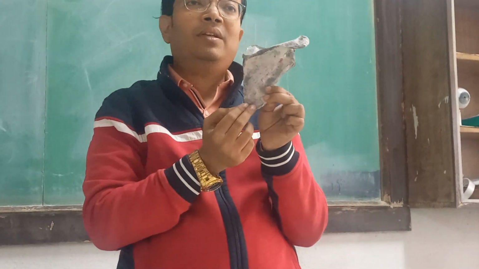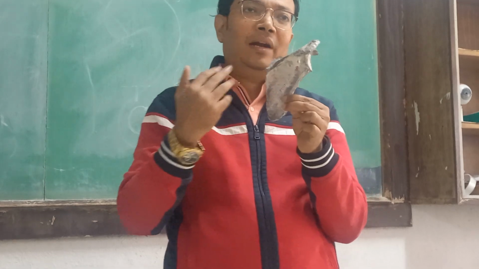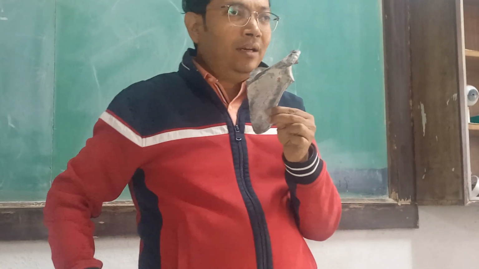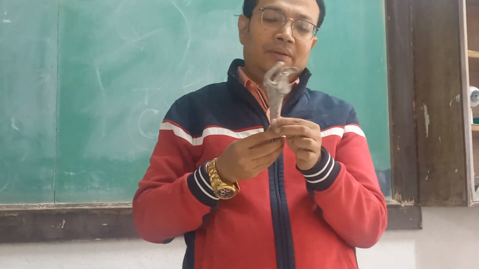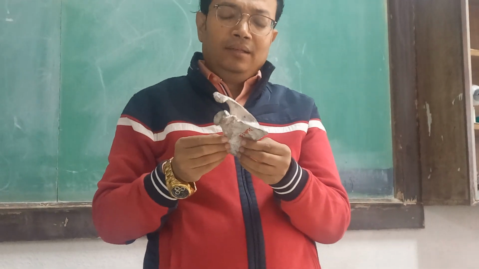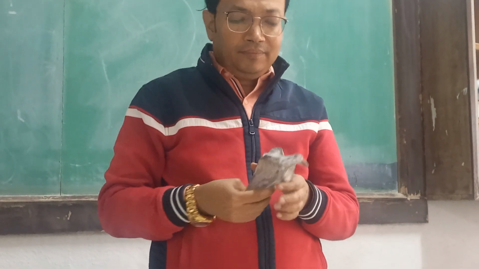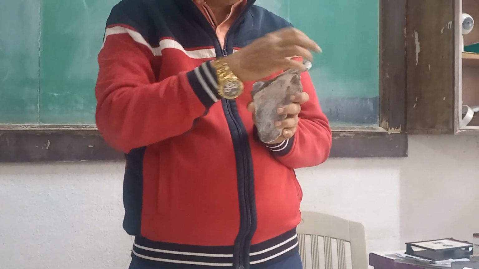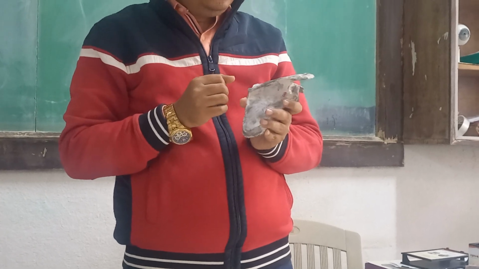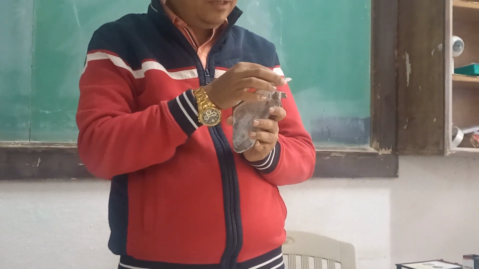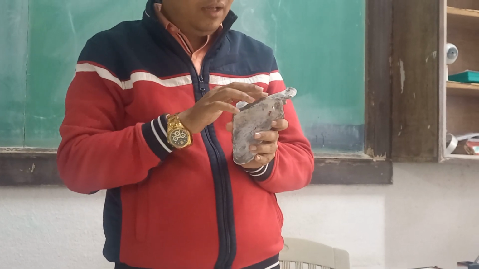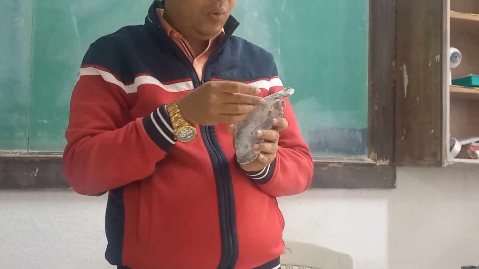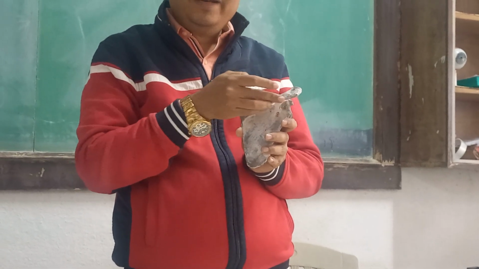Latissimus dorsi is the only muscle which connects the upper limb and lower limb, more precisely the pectoral girdle and pelvic girdle. Then some other muscle attachments. This is the spinous process extending to the acromion process. Here there are two muscle attachments: on the upper margin deltoid, and on the lower margin the insertion of trapezius.